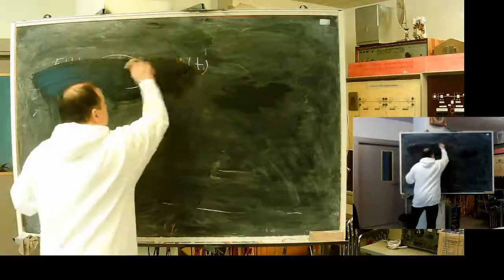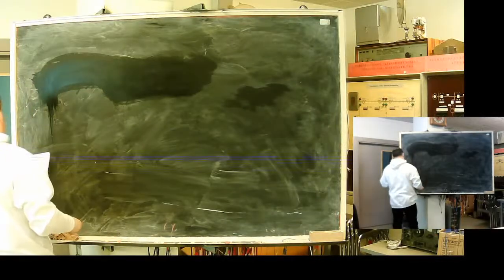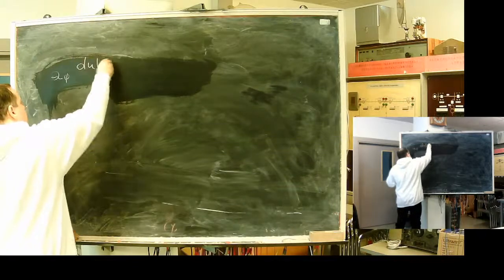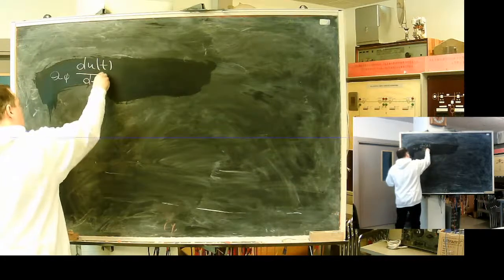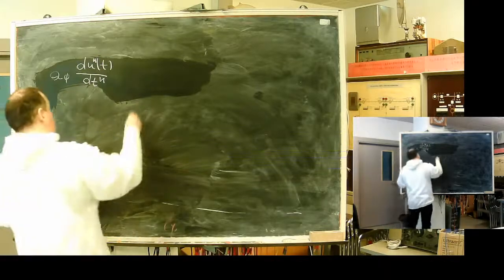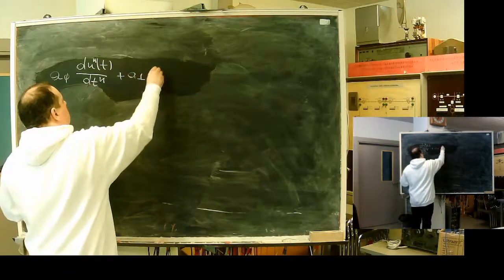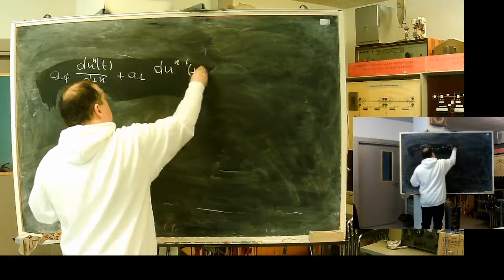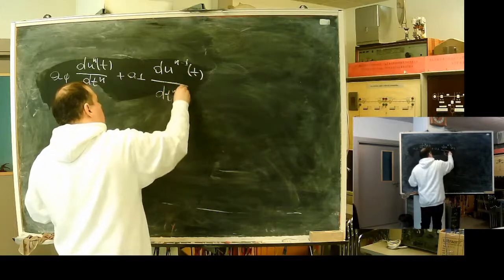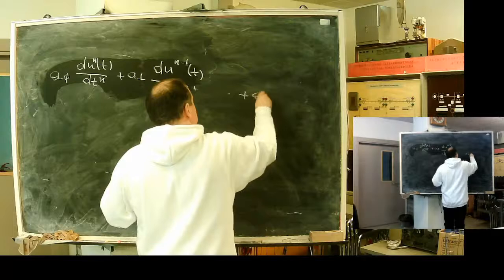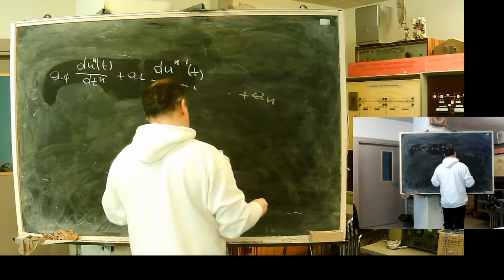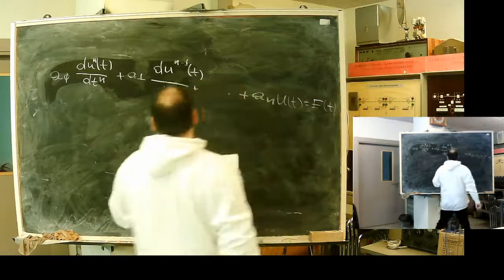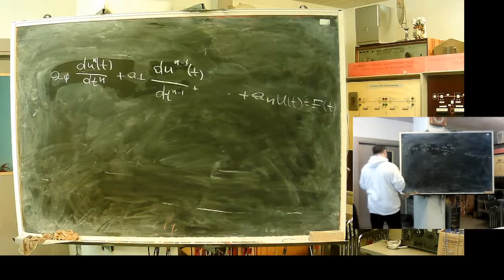We can write for such a system what kind of equation? A0 d^n u/dt^n plus A1 d^(n-1) u/dt^(n-1) plus ... plus An u(t) equals e(t). That's what we will have.